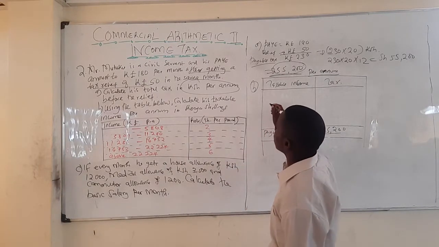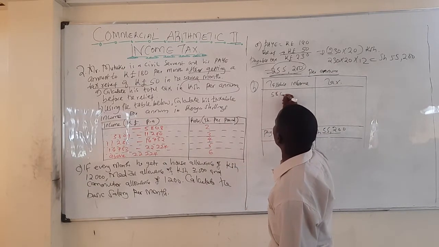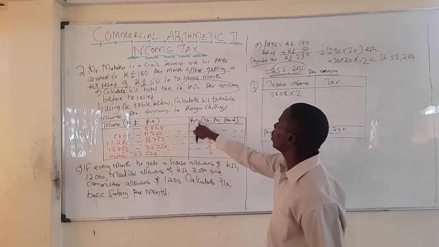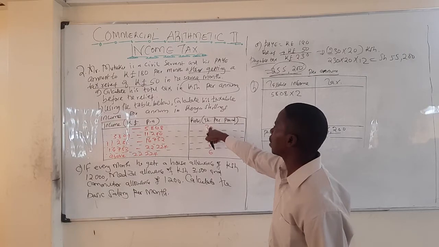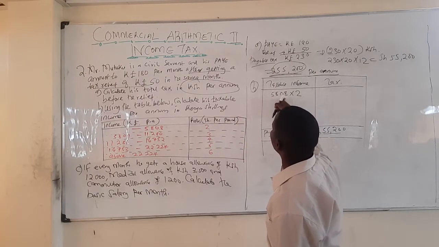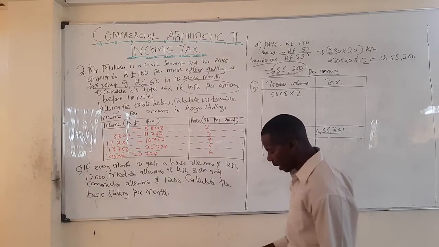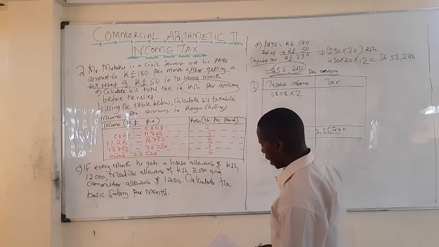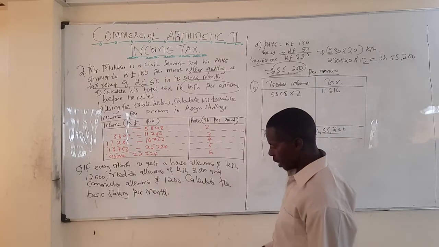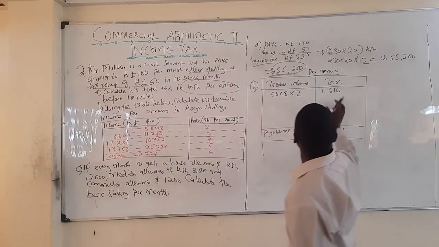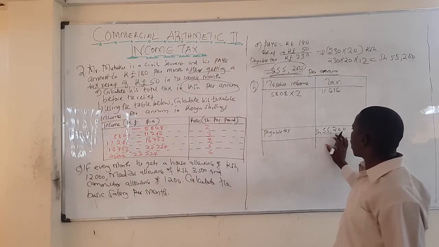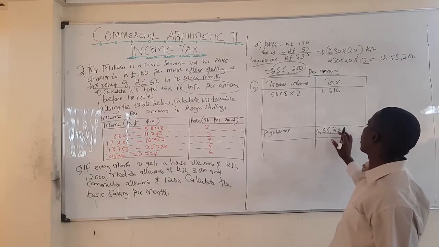So the maximum there is 5,808 multiplied by 2, because for every pound we get 2 shillings. And that is going to give us 11,616.